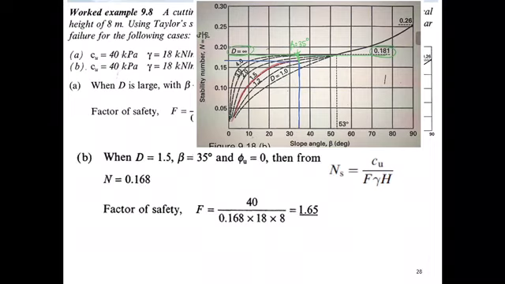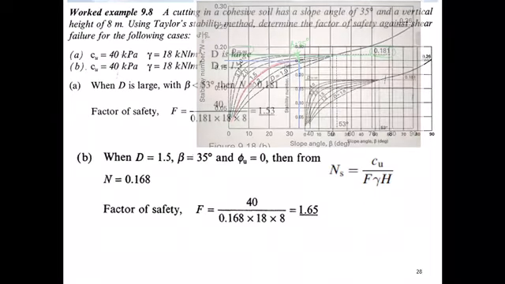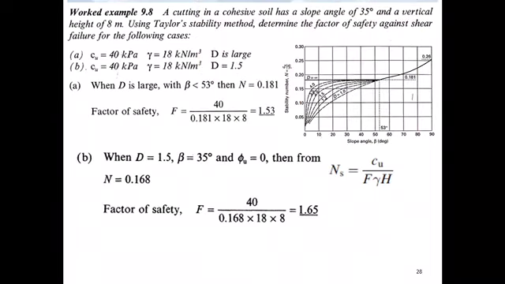So 35 degrees is somewhere here, goes up until it touches the curve D equals 1.5, and then go vertical to the y-axis, somewhere here. So n is 0.168. So just substitute into the equation. Cu is 40, N is 0.168, gamma is 18, and H is 8. So the factor of safety is 1.65.